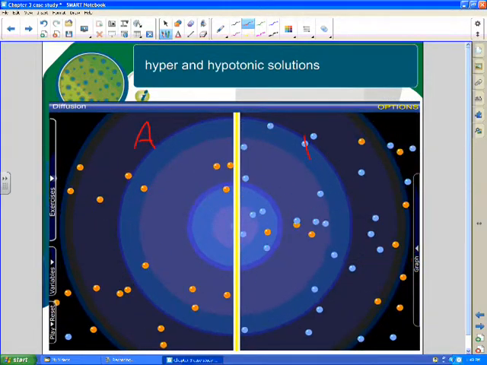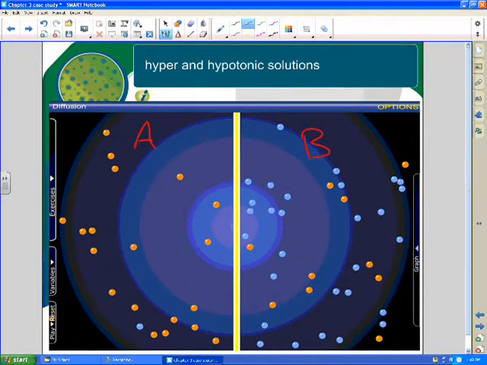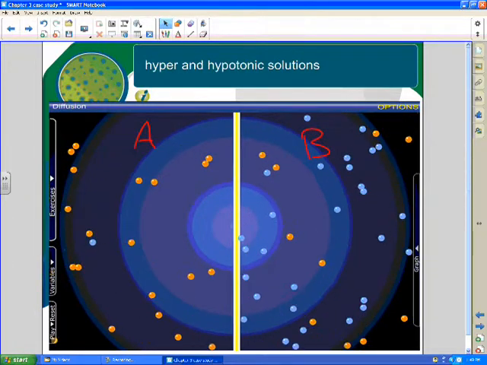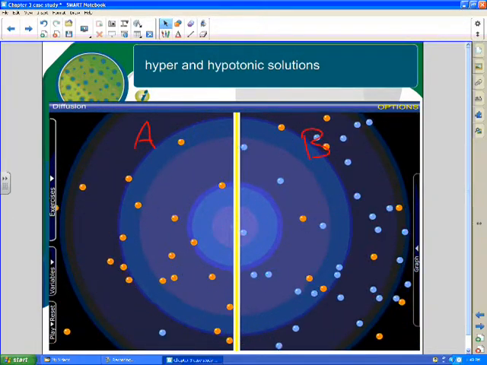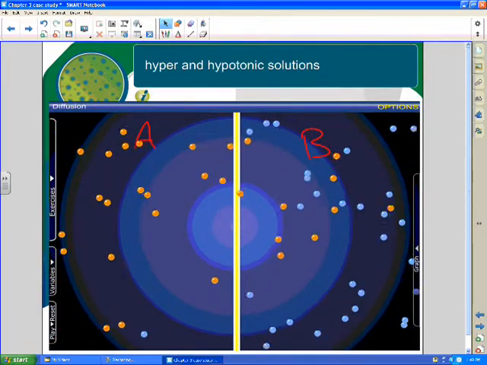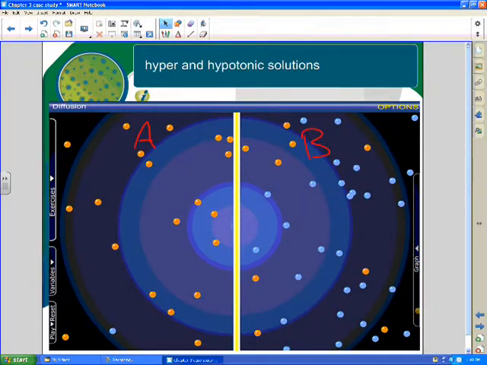So notice what I've created. Over here, we'll call this side A. Over here, we'll call this side B. Now I have a high concentration of water in side B, a low concentration in side A. If I allow that to be semi-permeable where both can move again, I'm going to notice the water going from here to here.